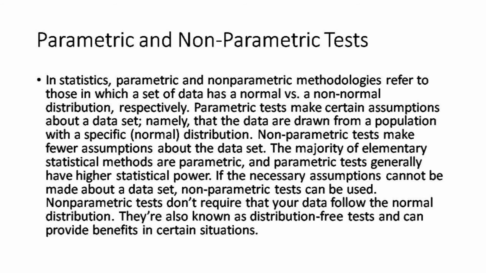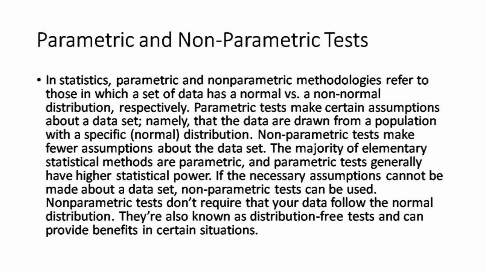So hypothesis testing is mainly divided into parametric and non-parametric tests. Now the difference between parametric and non-parametric tests is that parametric and non-parametric methodologies refer to those in which a set of data has a normal versus non-normal distribution respectively.